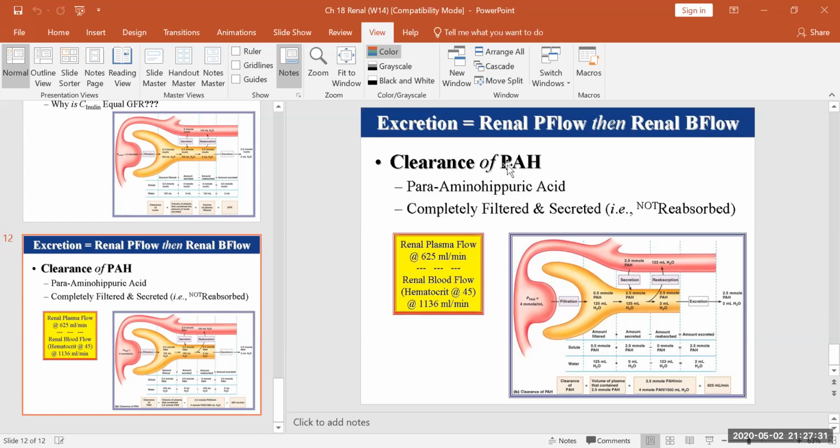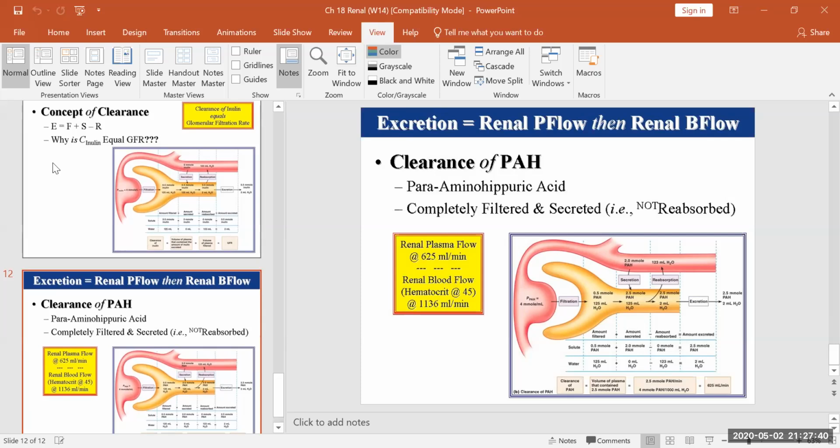This chemical is PAH, para-aminohippuric acid. PAH is filtered by the glomeruli, secreted actively by the distal convoluted tubule, but is not reabsorbed by the proximal convoluted tubule.